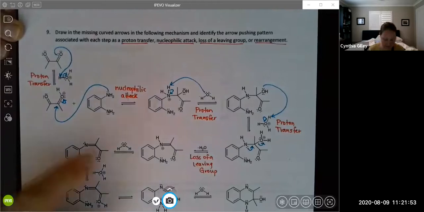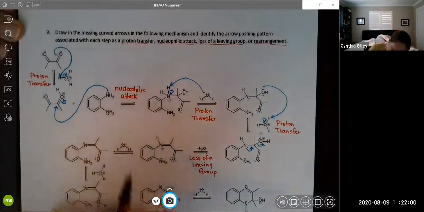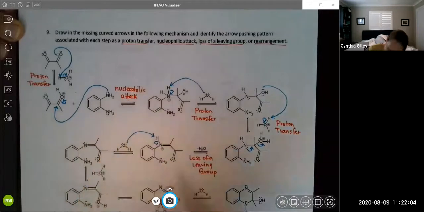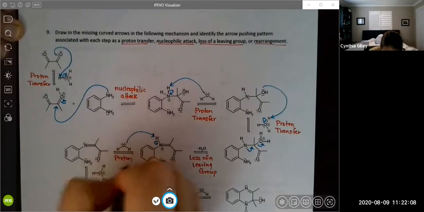From here to here, it looks like we're losing this proton on the nitrogen. So we can go ahead and use water to take that proton and then go ahead and label it as proton transfer.